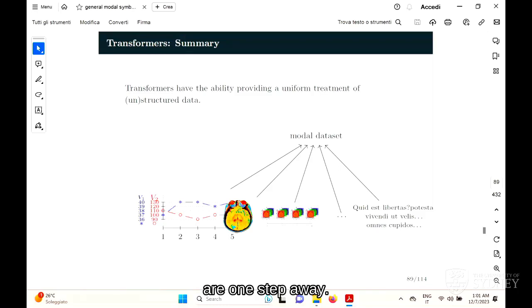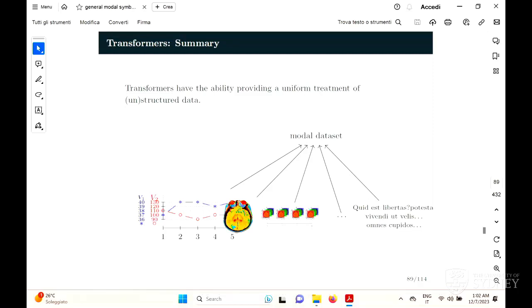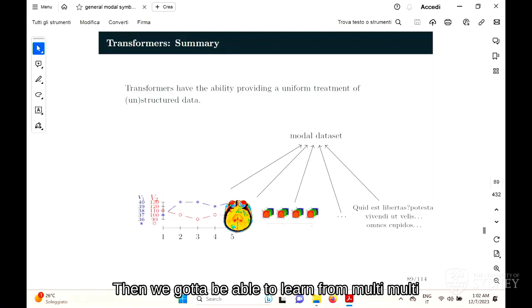We are one step away. I mean, speaking among us, we're one step away from making this real, in the sense that we said the first day, yeah, well, we like decision trees, but decision trees alone are still somehow a toy. How do we make this real? Then we have to be able to learn from multimodal data.